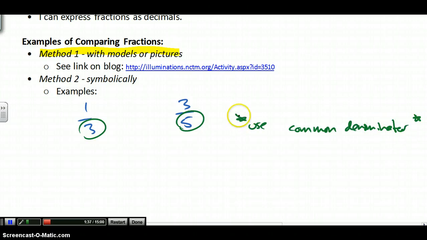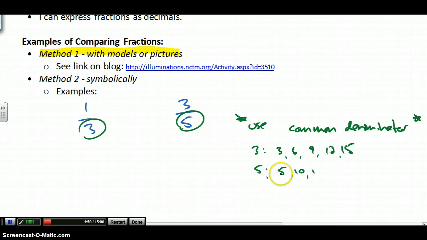This is our method, right? And the easiest way to do that, we're looking for a multiple. So the multiples of 3 are 3, 6, 9, 12, 15. Multiples of 5 are 5, 10, 15, 20. So there's our common denominator.